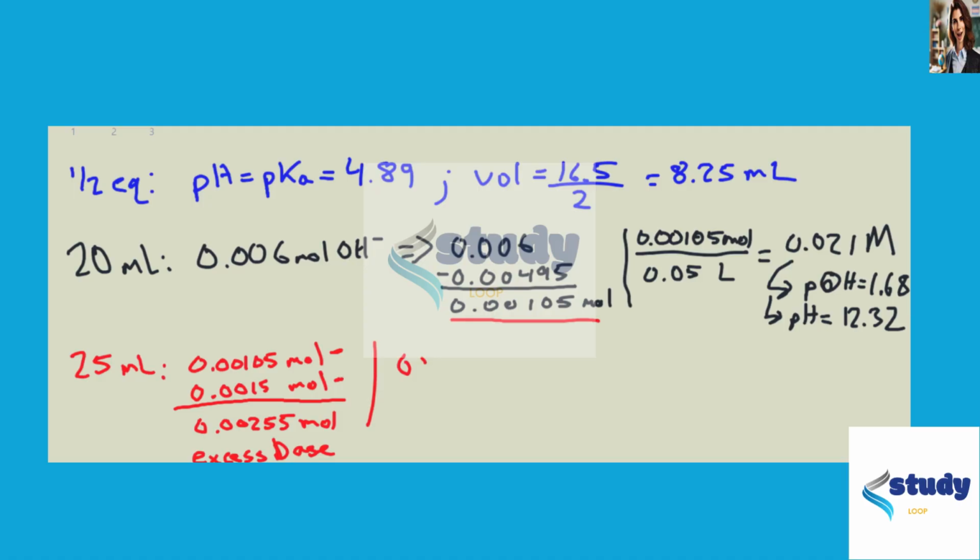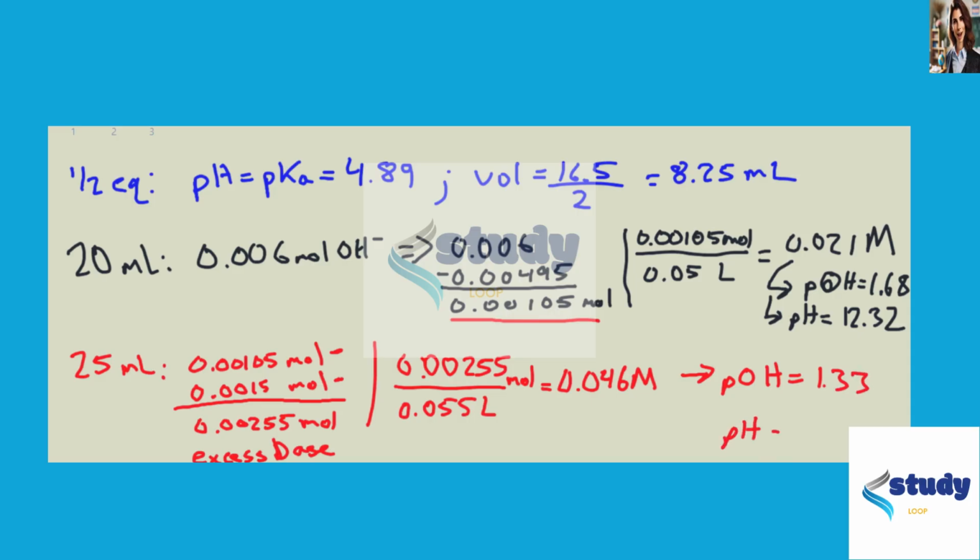And we can divide this by volume, which is now 0.055 liters, to get concentration, which is 0.046 molar. So this will lead to a pOH of 1.33 and a pH, if we subtract from 14, of 12.67.